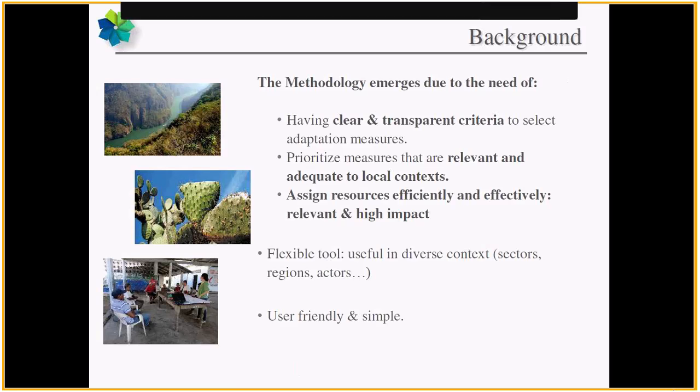Also to assign resources in an efficient and effective way, with high impact, tackling the troubles that climate change is causing in our ecosystems, our cities and our social systems.